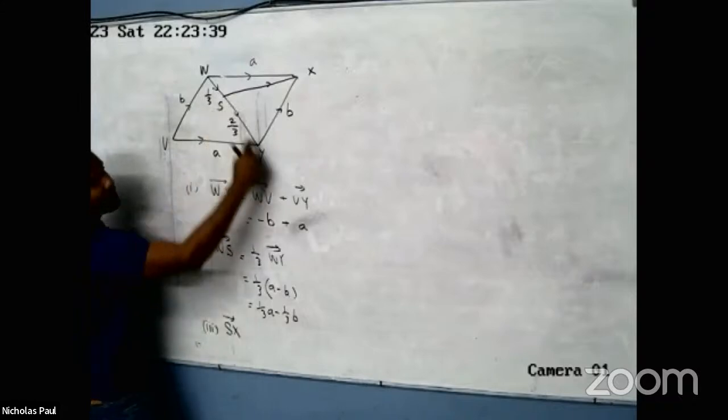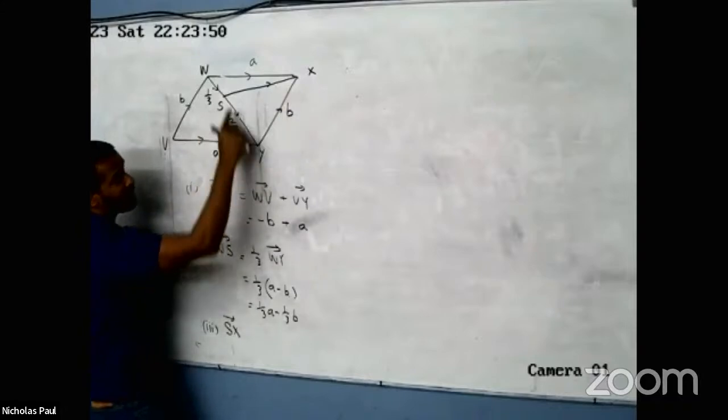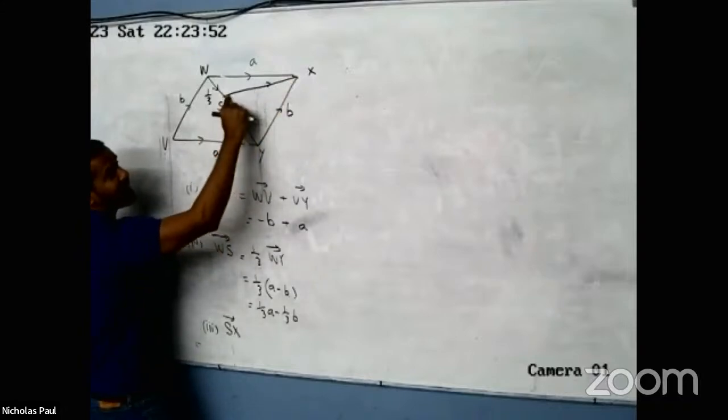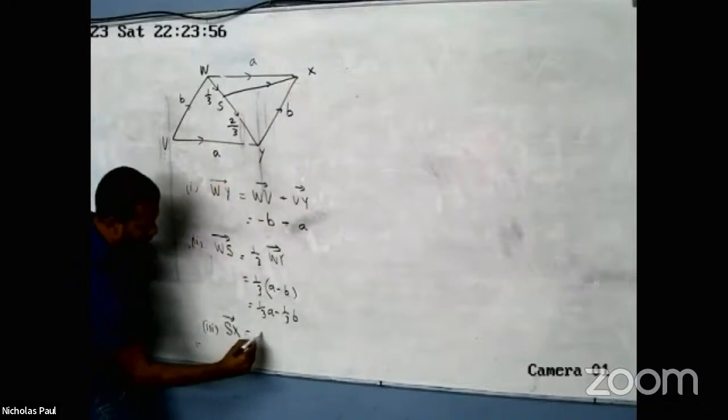I will go this way because I'm not going against the arrows. When you go against the arrows, you just have to bring in negative signs, and that'll make it a little more complicated. So I'm going with the arrows. So S to X is S to Y plus Y to X.